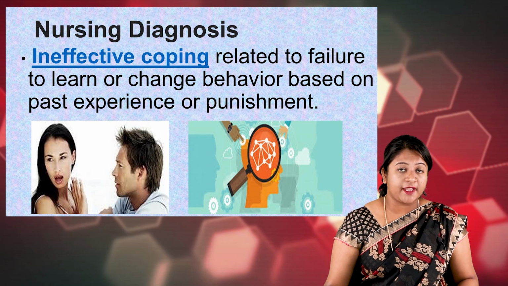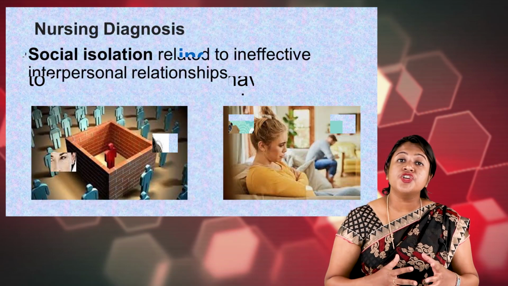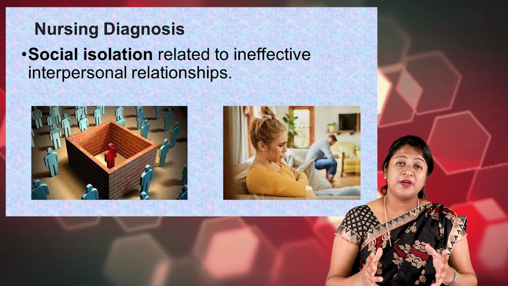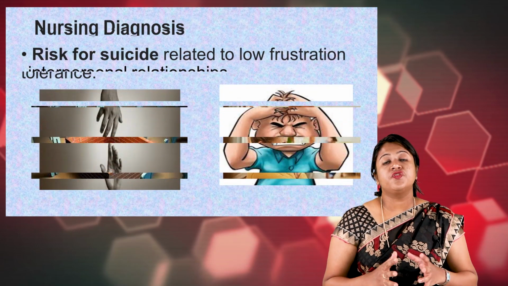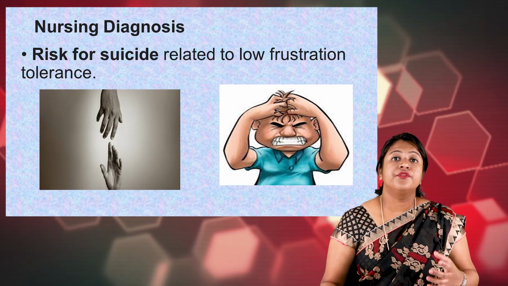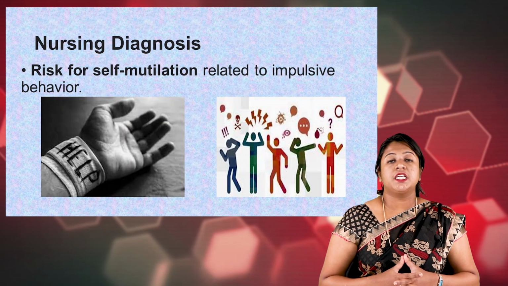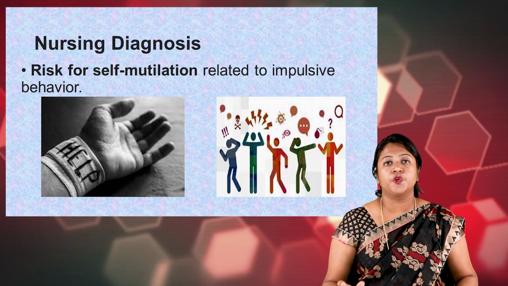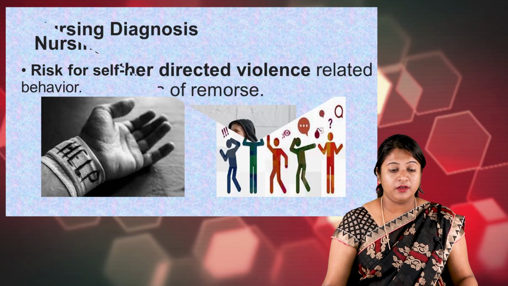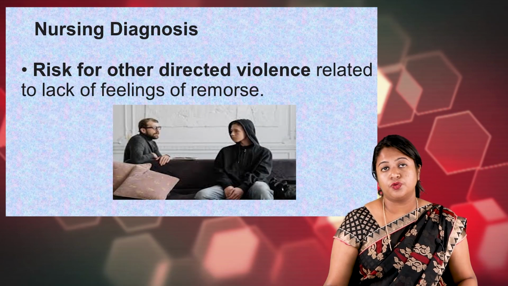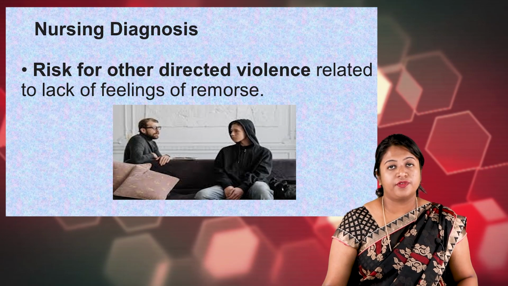The second nursing diagnosis you can state is social isolation related to ineffective interpersonal relationships, and risk for suicide related to a low level of tolerance of frustrations. We can state the diagnosis of risk for self-mutilation related to impulsive behavior, and risk for other-directed violence related to lack of feelings of remorse.